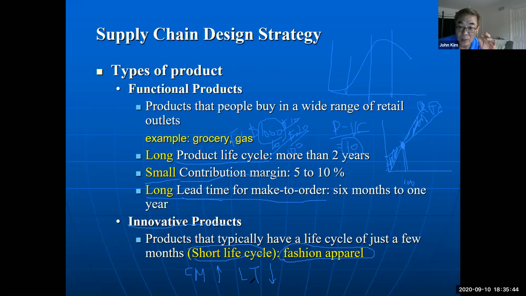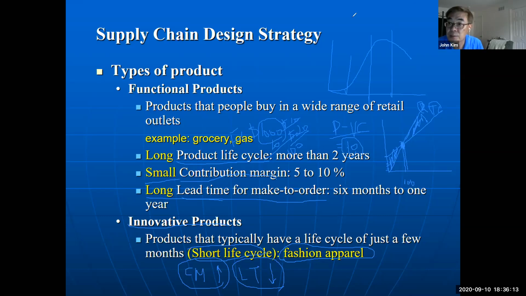If lead time is long, then already this is not fashion, and they cannot sell. So innovative products' life cycle is short, contribution margin should be large, and lead time should be short.